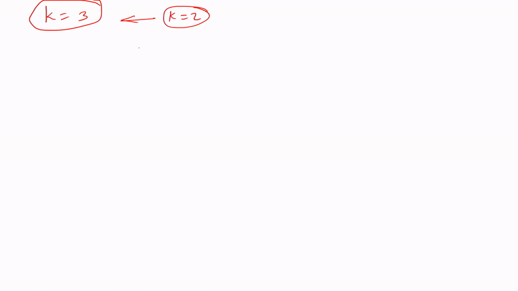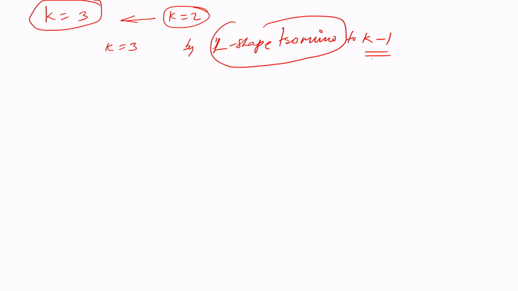When we have k equal to 3, we make a new tiling by adding one L shape tromino. We are adding one tromino to k minus 1, right? The tromino will look like this, an L shape, right?